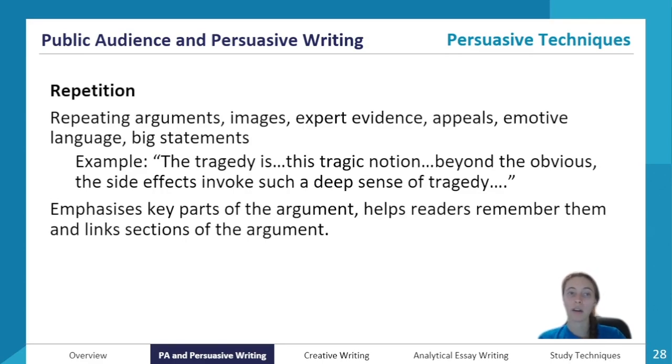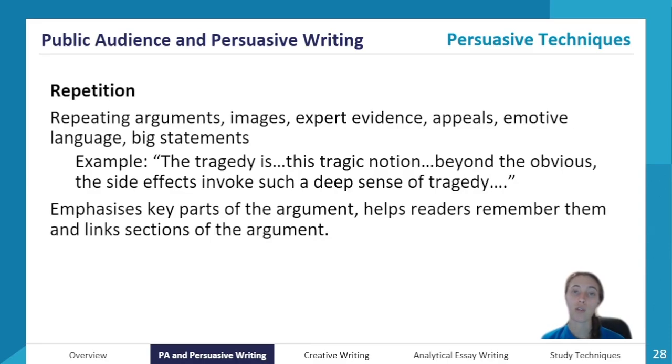Repetition. This is about repeating arguments and images, evidence, appeals, emotive language. It can be all sorts of different things that you repeat. So, the tragedy is this tragic notion beyond the obvious.